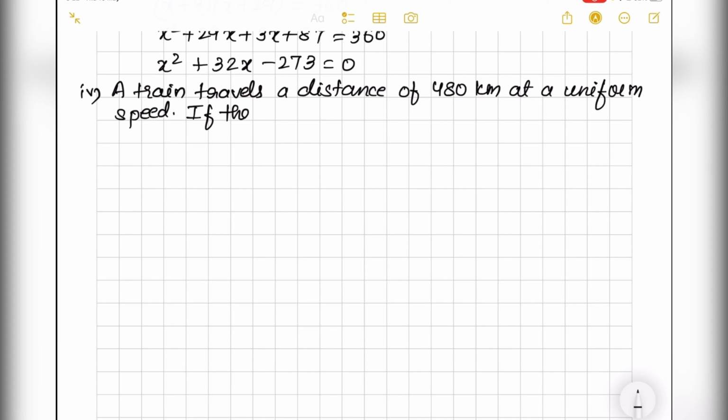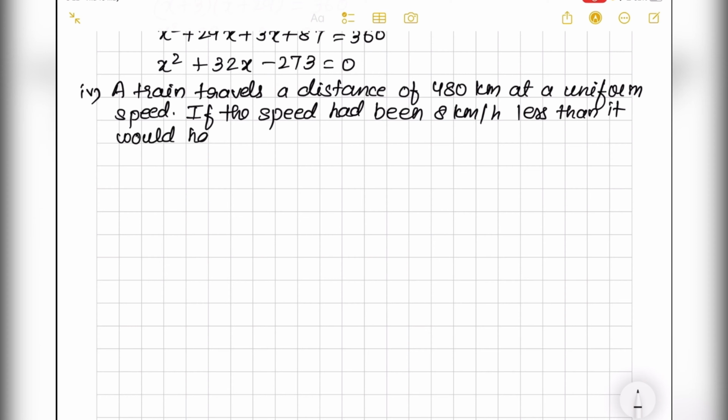If the speed had been 8 km per hour less, then it would have taken 3 hours more to cover the same distance.